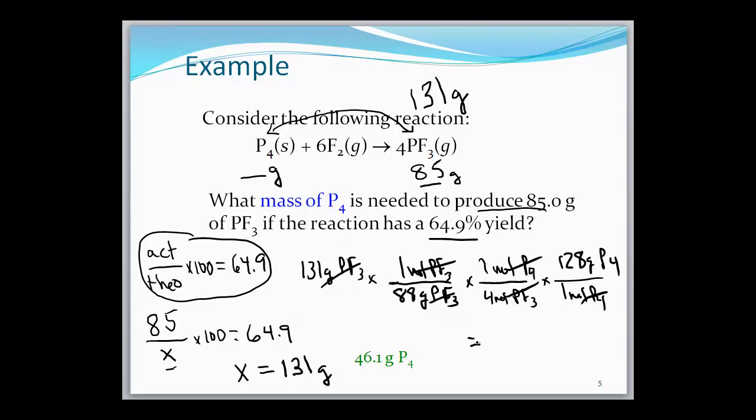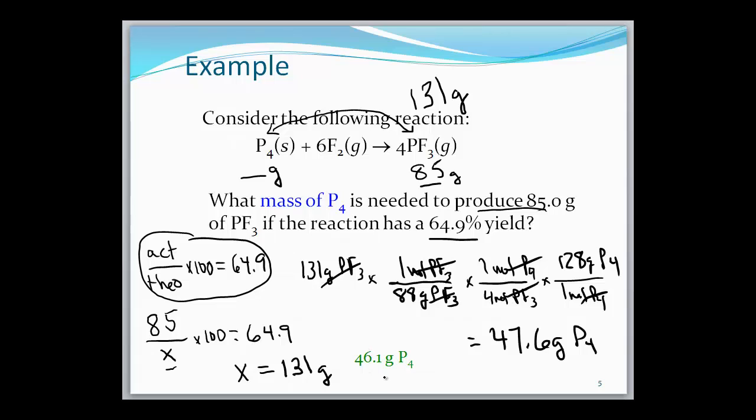So let's finish the math here. 131 divided by 88 divided by 4 times 128, and we get 47.6 grams of P4. Now you see the value here, 46.1.